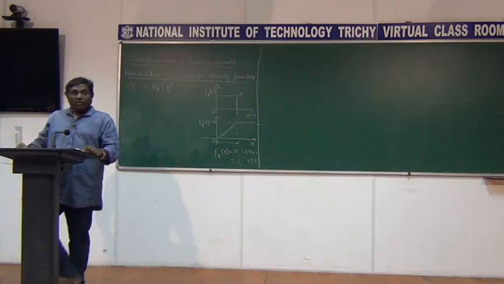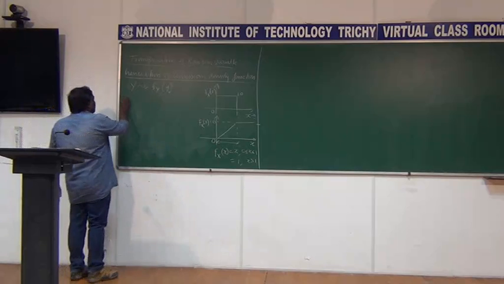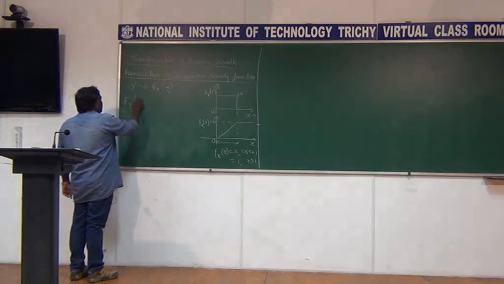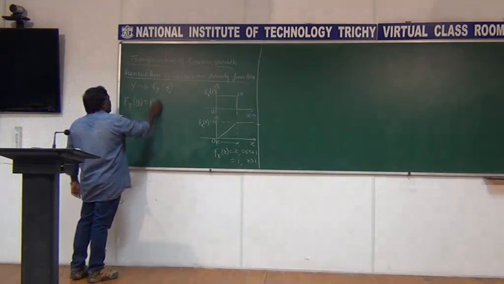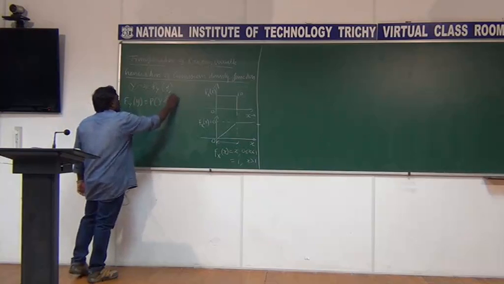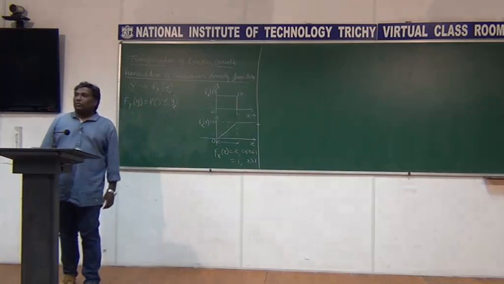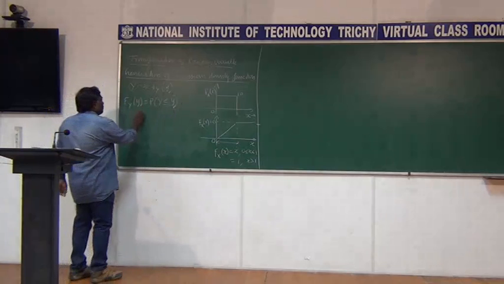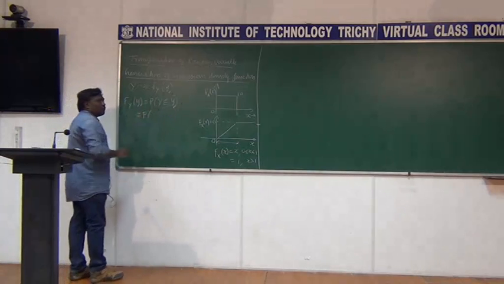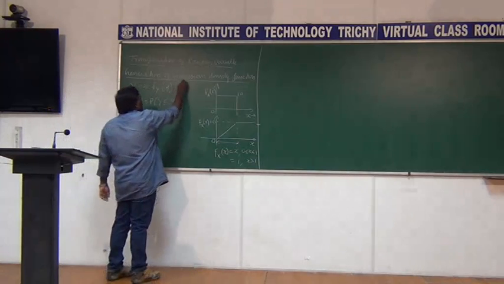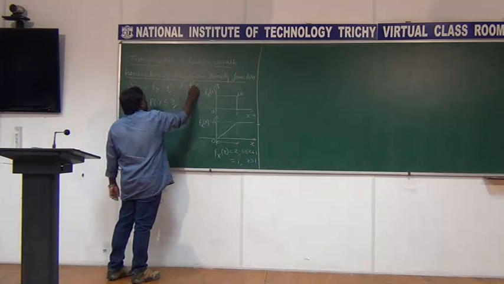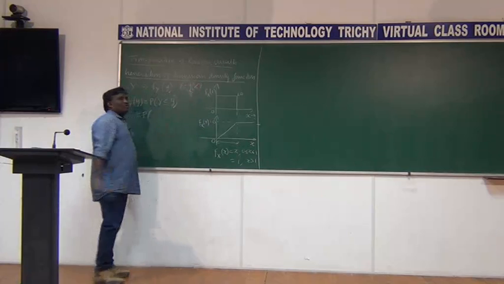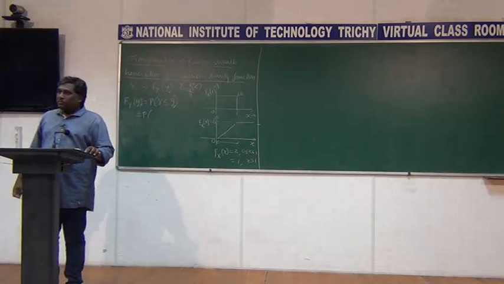So to start with, as usual, we start with the distribution function F_Y(y), which is the probability of y less than or equal to y here. Then I said you find the function relating y and x with some functional value g, y equal to g of x.